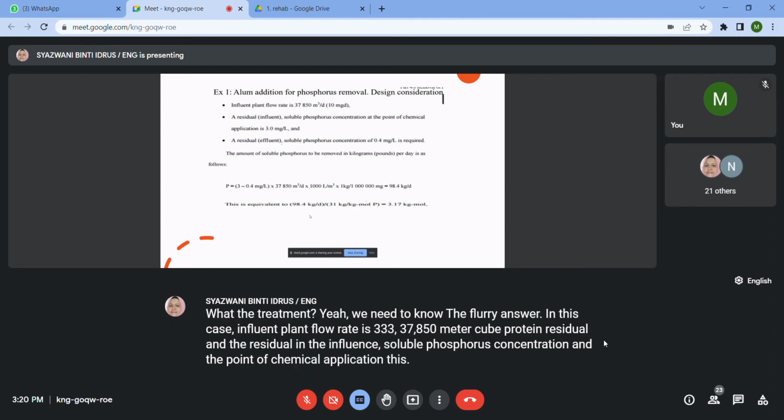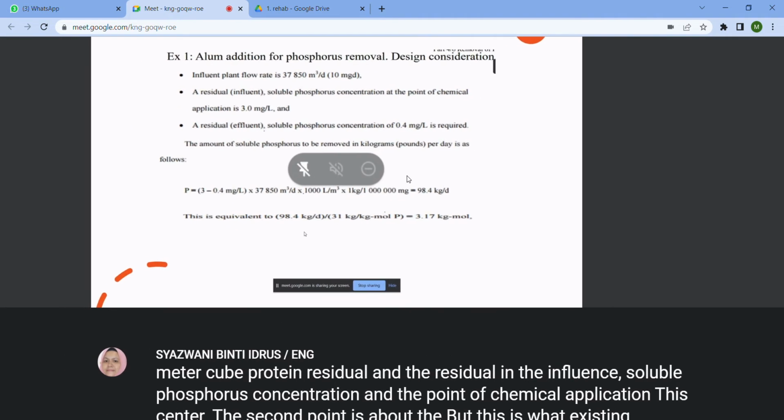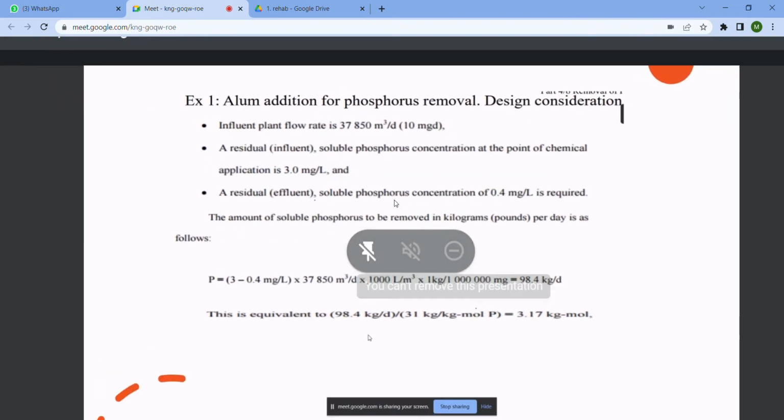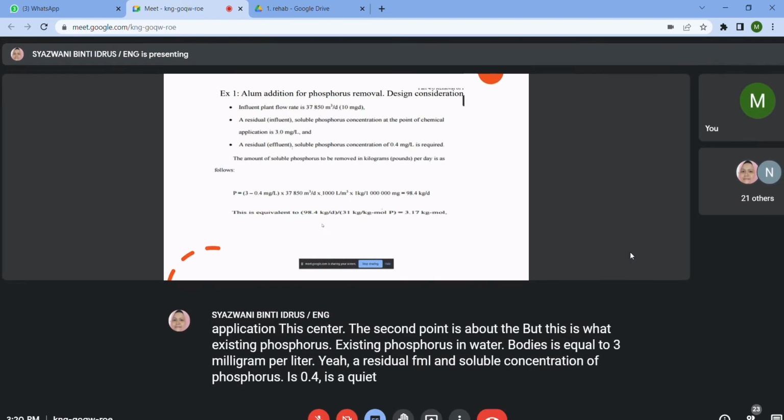It tells us about the existing phosphorus, which is equal to 3 milligram per liter. A residual effluent soluble concentration of phosphorus of 0.4 is required. 0.4 is the limit set by the city council, set by the authorities.